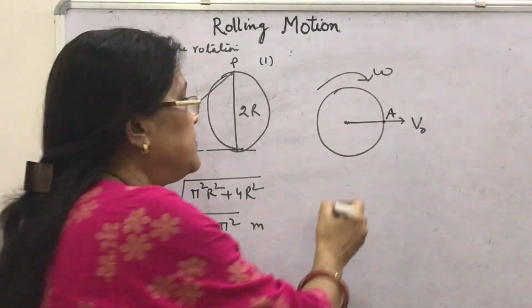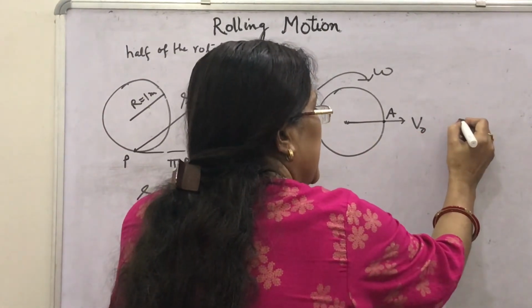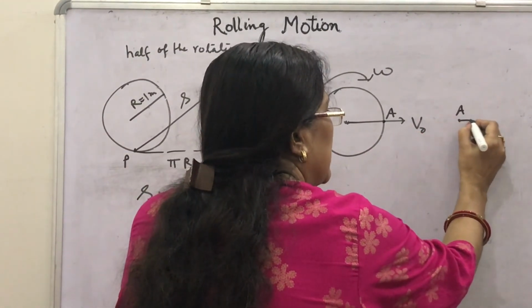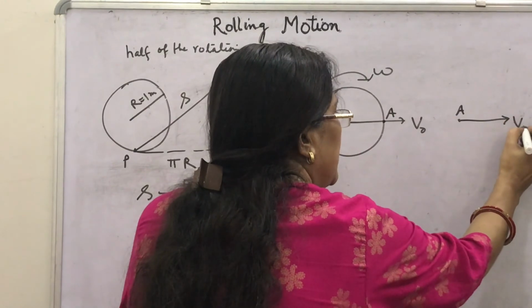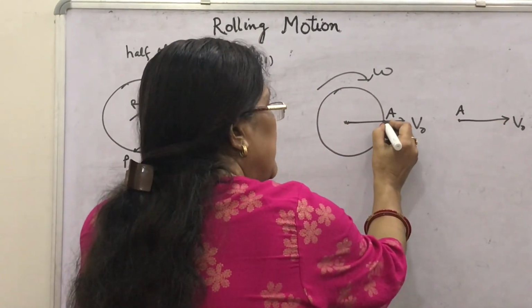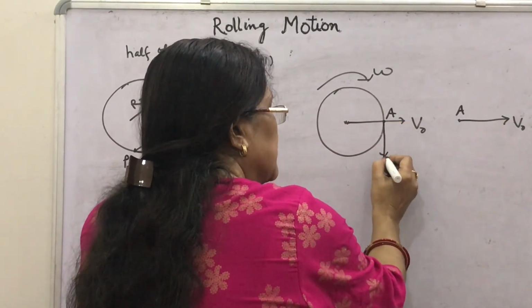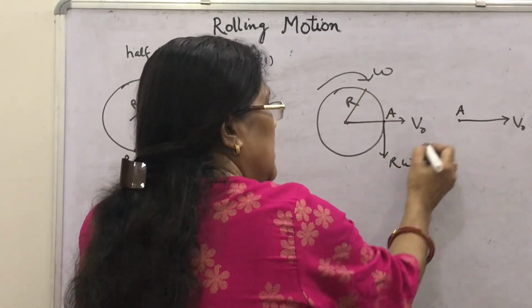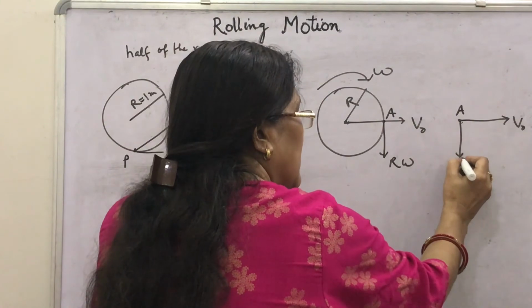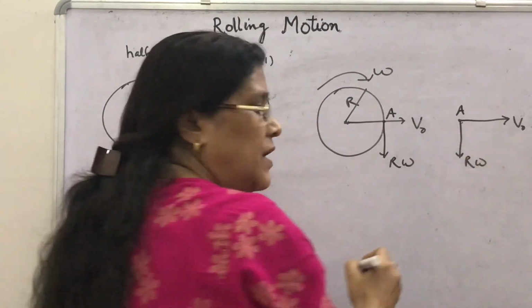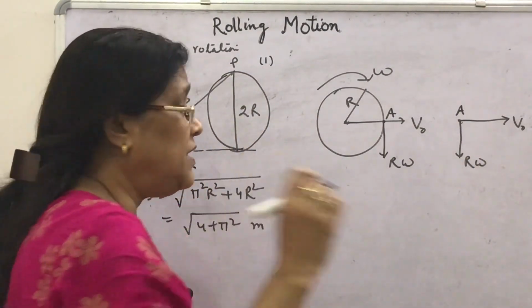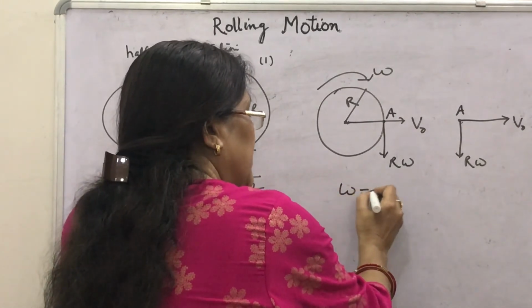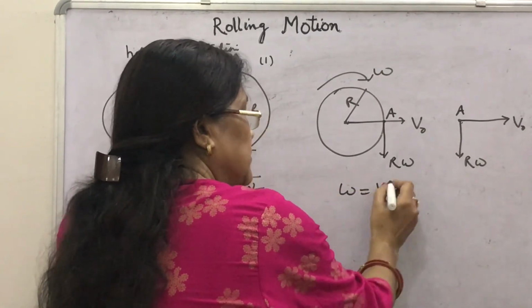How will you find its velocity? Look, at the point A, the velocity of center of mass will be v naught, and what will be the velocity due to rotation? This will be r omega. The radius of wheel is given r, then this will be r omega. And again, we have seen the condition in pure rolling that omega is v by r.